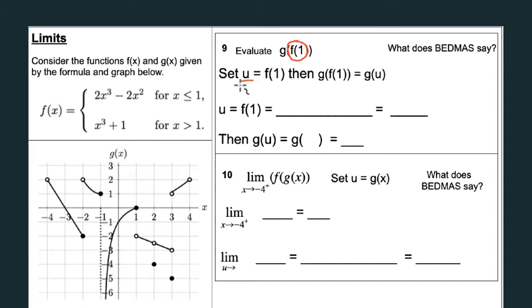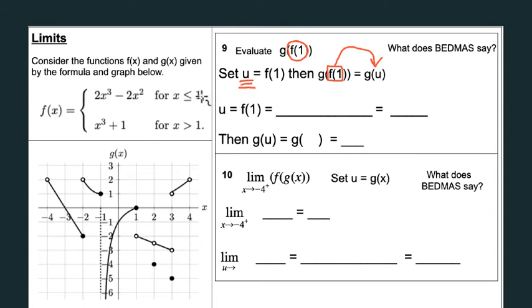And because we like substitution, we're going to set u equal to f at 1. And then everywhere I see f at 1 from now on, I can replace it with u. Okay, so I set my inside function equal to u. So u equals f at 1. Well, what's f at 1?